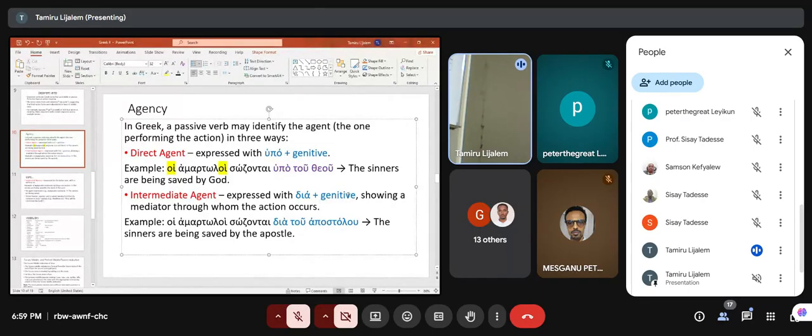Dia plus genitive means a mediator. Hai hamartoloi sozontai dia tou apostolou. The sinners are being saved by the apostle.